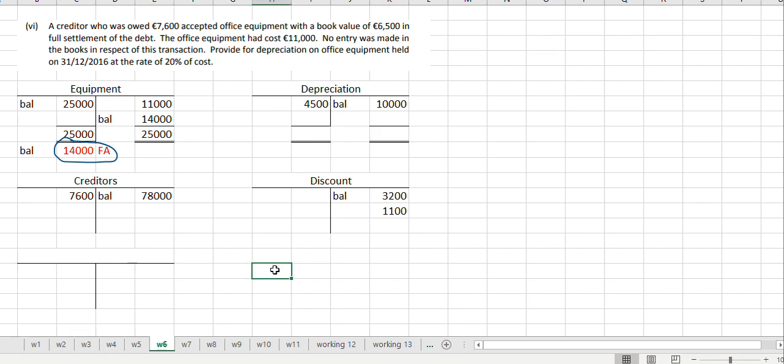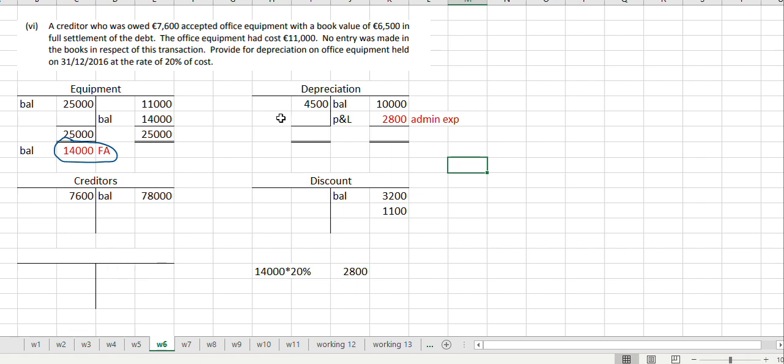We can work out depreciation for the year: 14,000 times 20%, which gives us 2,800. That's our P&L figure for depreciation, and in this case it would be an admin expense.